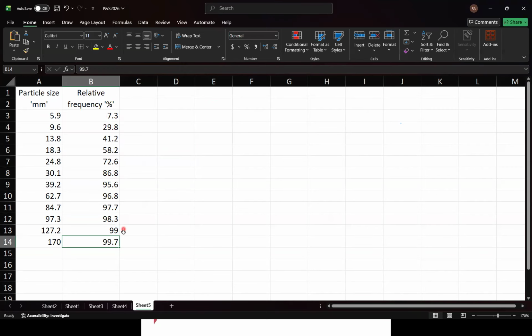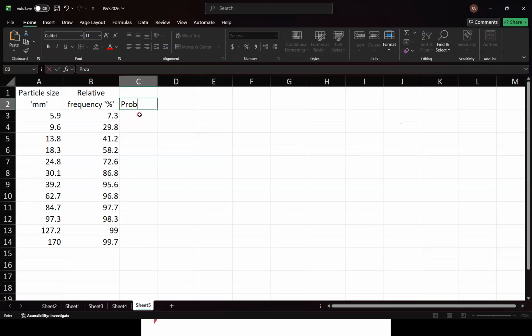So it seems to saturate. Yes, it must saturate to 1. If we would like to see the observed probabilities, these are just all these values divided by 100.